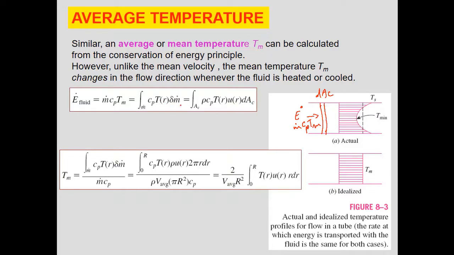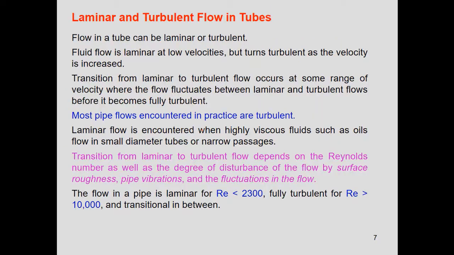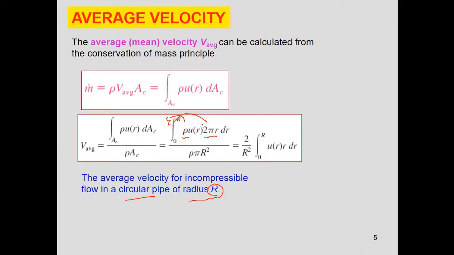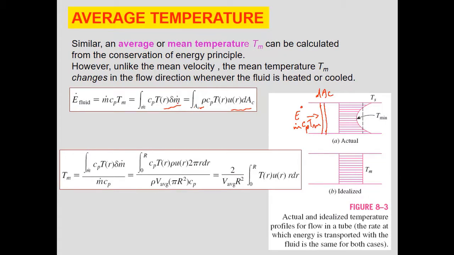This is delta m dot, which we can write as rho Ur dAc, which we had in the previous slide. You can see here m dot is rho V average Ac, or m dot is rho Ur dAc. Then we just put in this m dot.